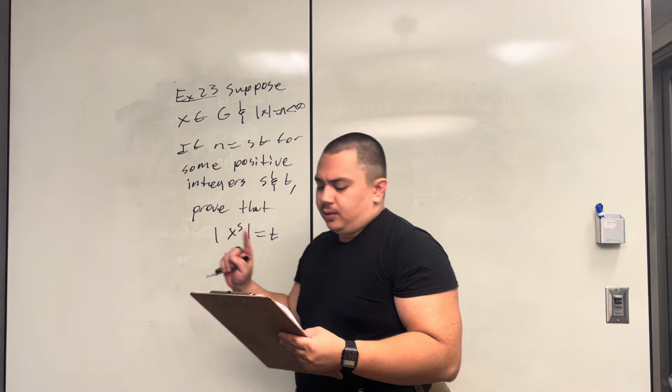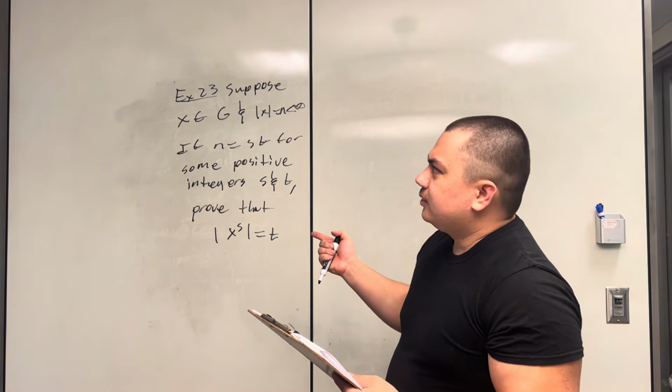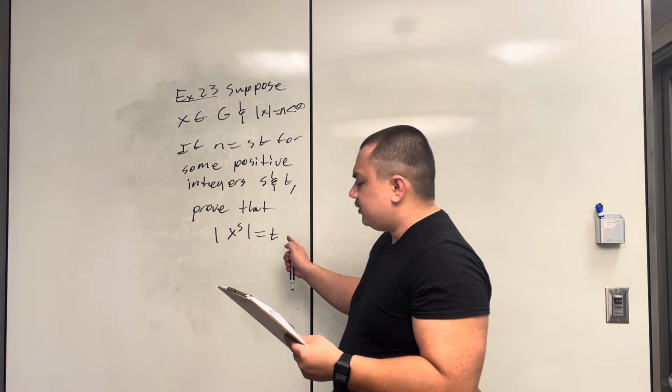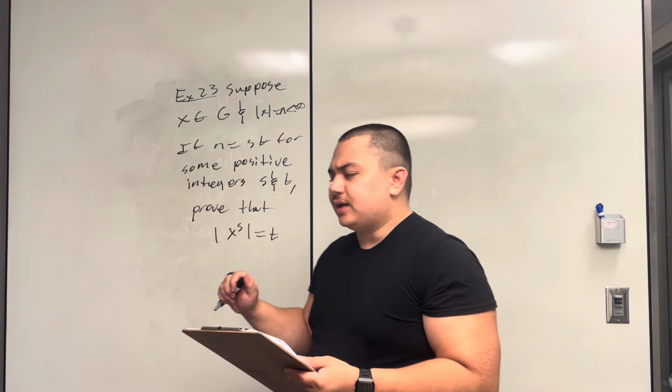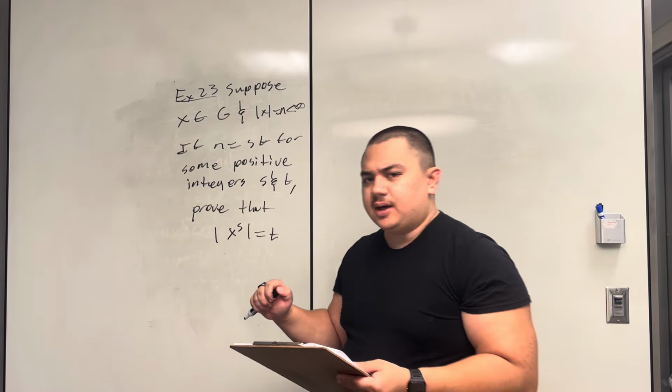So the order of x to the s divides t. If (x to the s) to the k is equal to 1, then x to the sk is equal to 1, hence n divides sk. Since n is equal to st, this forces t to divide k, so the smallest such k is t.